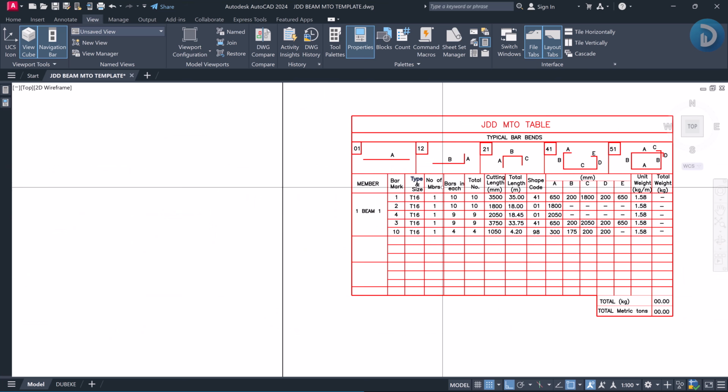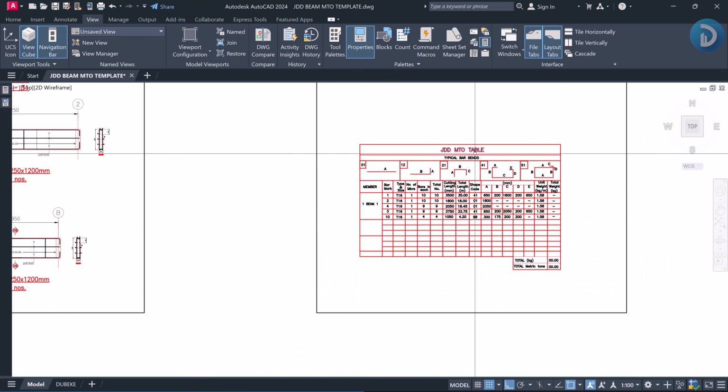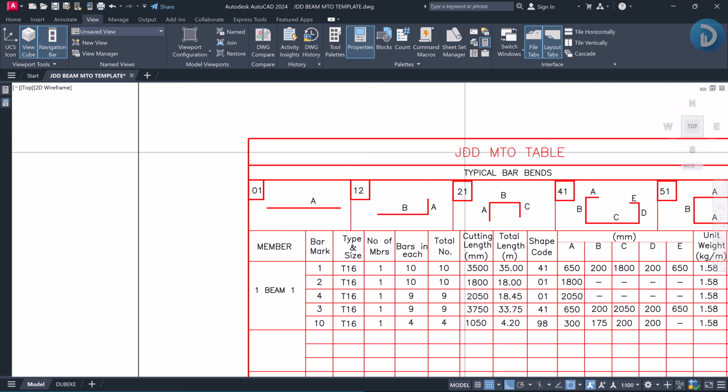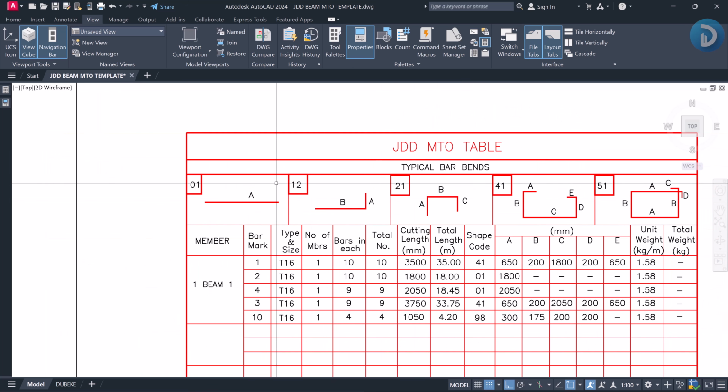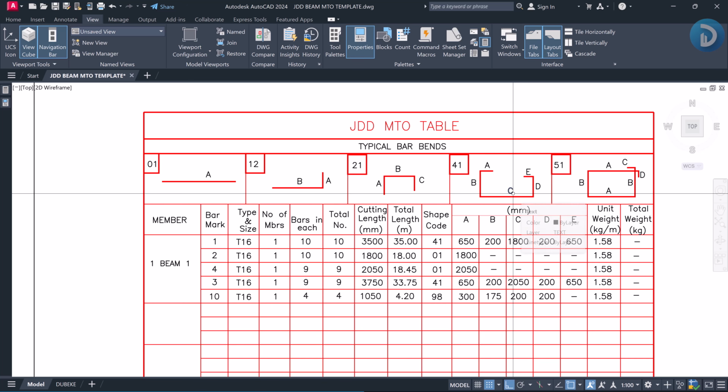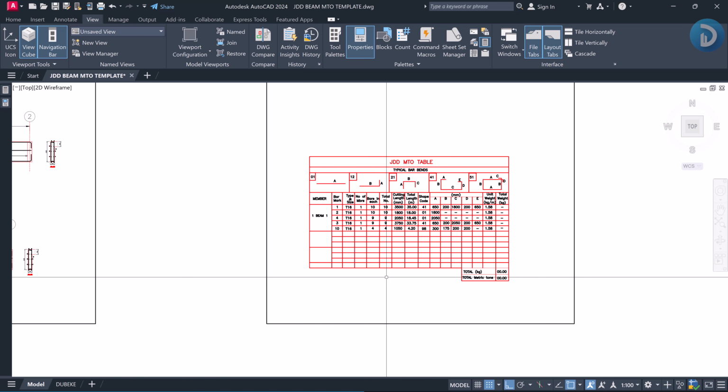The next step will be working with our material takeoff table. We have these various shape codes already identified in our material takeoff table, and in case you intend to use it for your respective project, we have it in the link. You can check the link in the description and get this.